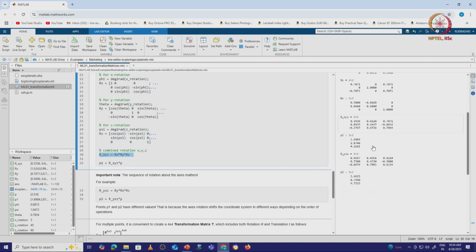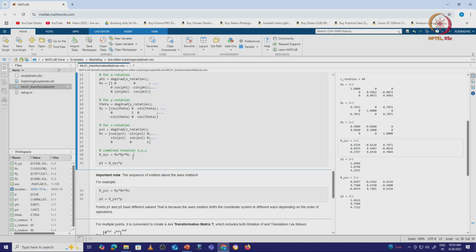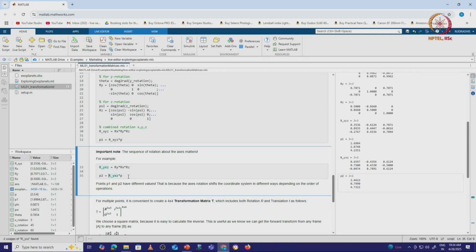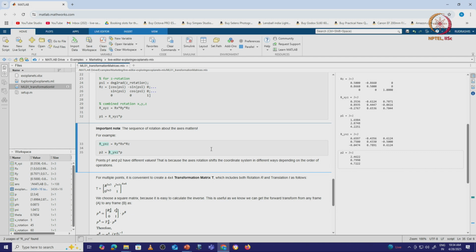Once I have the rotation matrix, I can move any point P to a new point P1 straight away. If you use R, Y, X, Z, then you will get the current point P2.